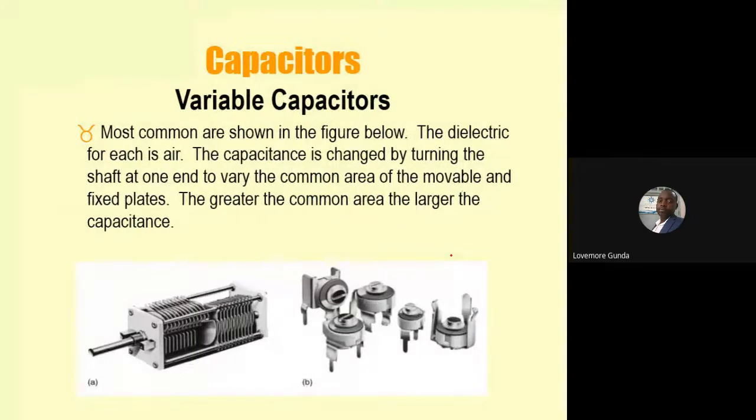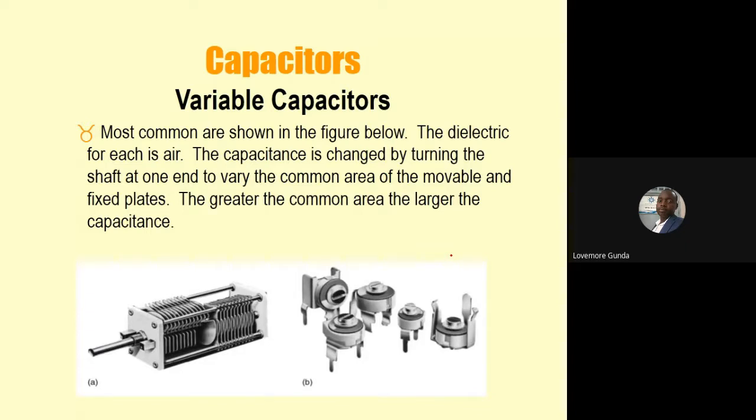That's the leakage current. Then there are also what are called variable capacitors. Usually they use air as the dielectric, and you can turn a shaft to vary the common area and hence the capacitance.